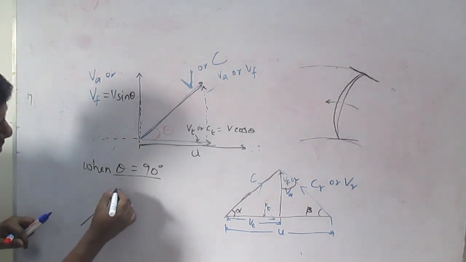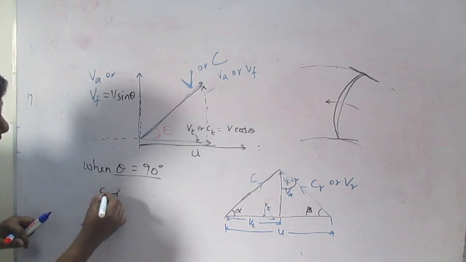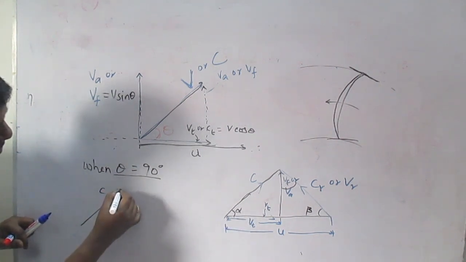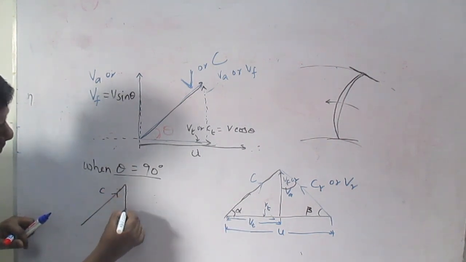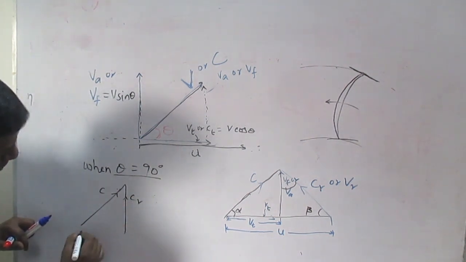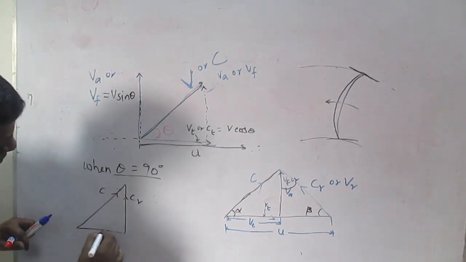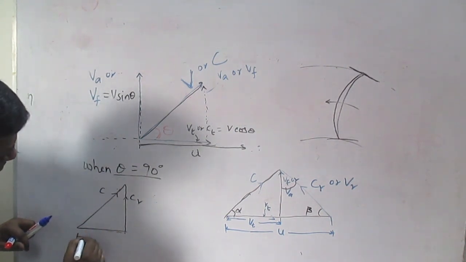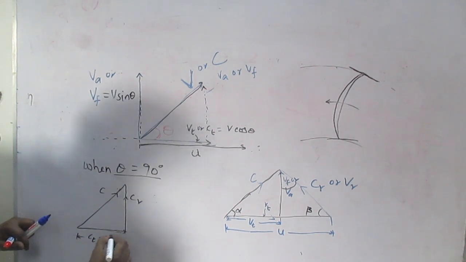This is our C now, this is CR. Then this component is our CT, that is equal to blade velocity. We can take this angle as alpha.